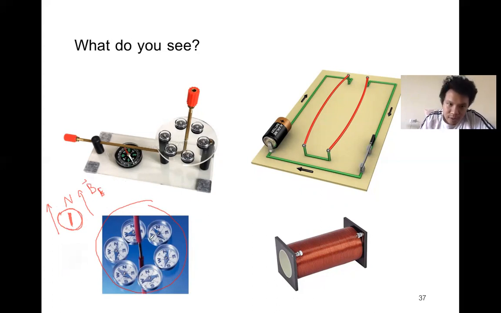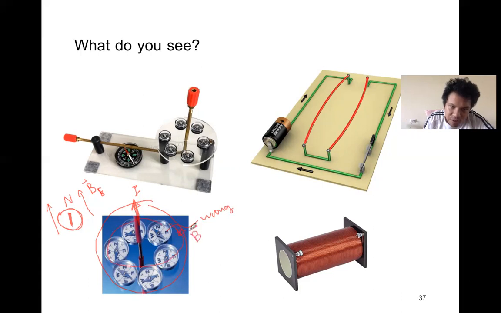But in this case, if I give a current I to this wire, this current will make the compass go wrong, because the current generates another magnetic field.